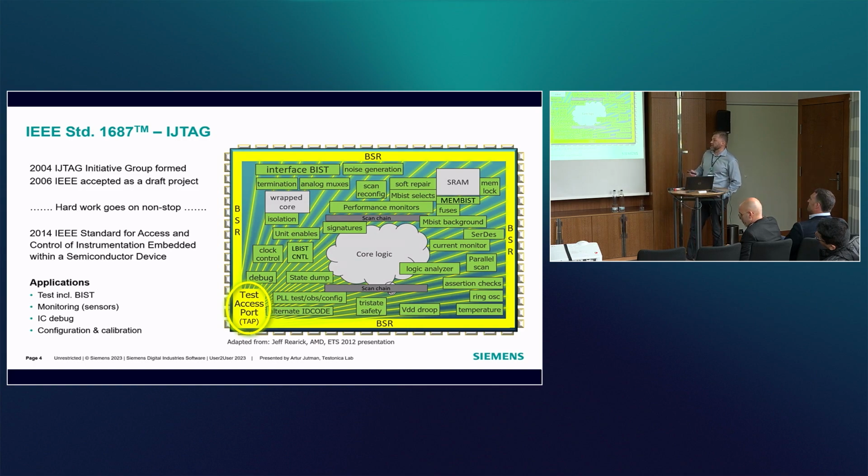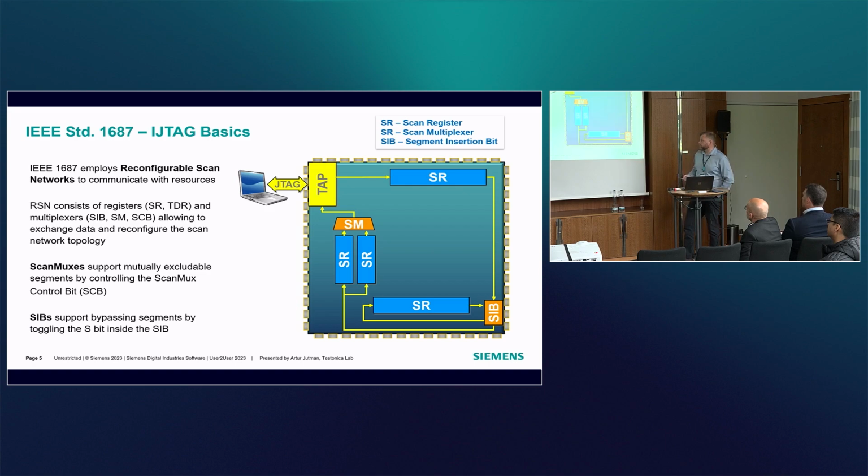In-field monitoring, in-system monitoring, IC debug, configuration, calibration, and also some of those instruments could be used for system level test beyond the chip. So you may have memories on board external to your system on chip. You may have gigabit links. You need to configure transceivers. You want to do memory-based tests. Everything could be done using 1687.